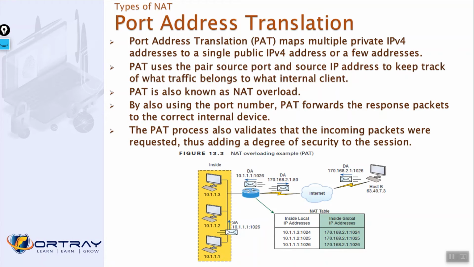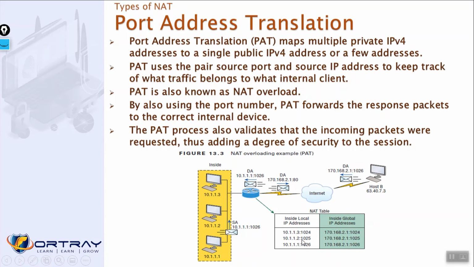PAT uses the pair of source and destination IP addresses to keep track of what traffic belongs to which internal device. So basically, they build a table. Every time 10.1.13 is going outside, it gets this 172.16 IP address, but every time there is an IP address plus a port as well.